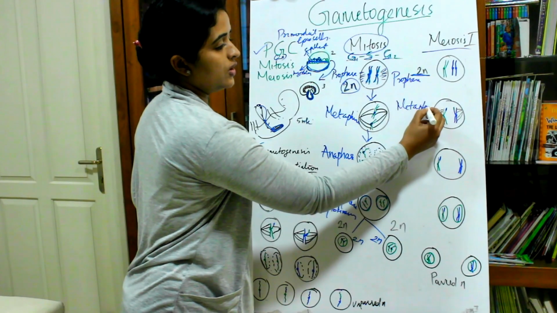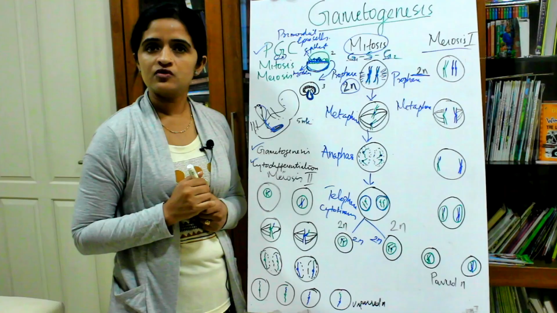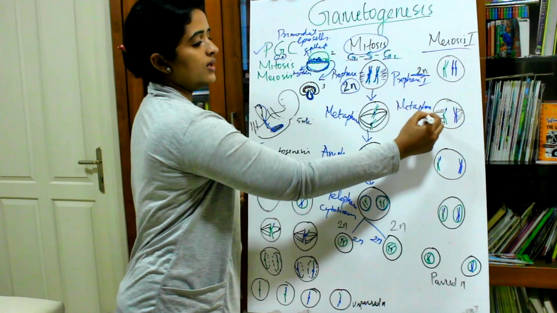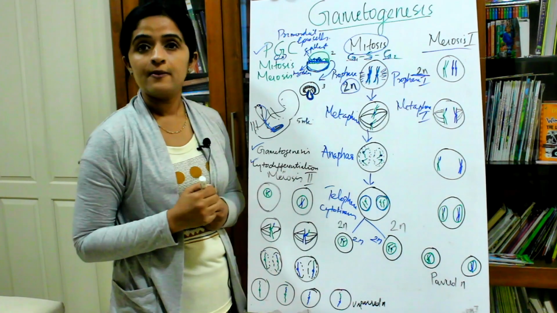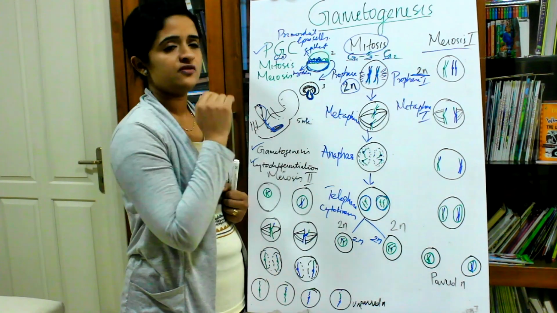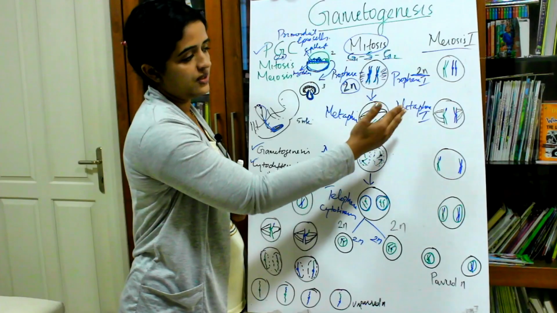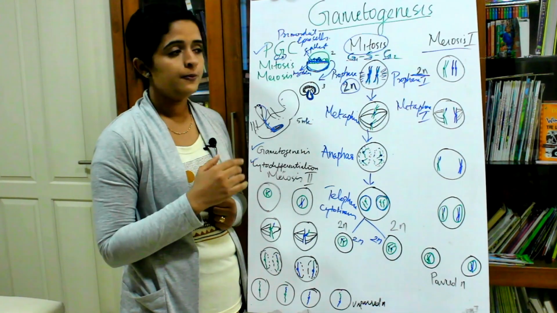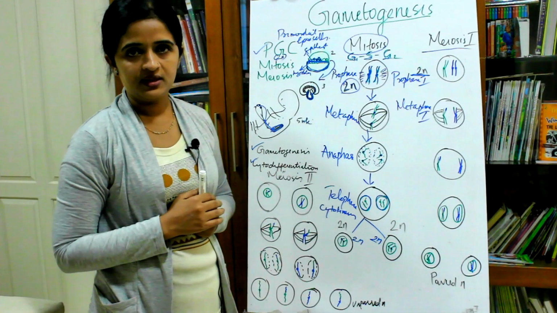And what is happening during the next phase? Metaphase. So in order to specify the prophase and metaphase of meiosis 1, you can call it prophase 1, then metaphase 1. Same as in mitosis, you have the metaphase where the chromosomes are arranged in the middle and you have the mitotic spindles.